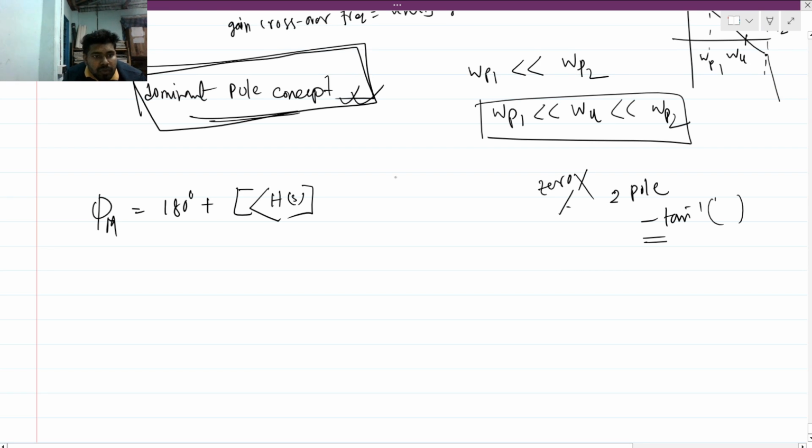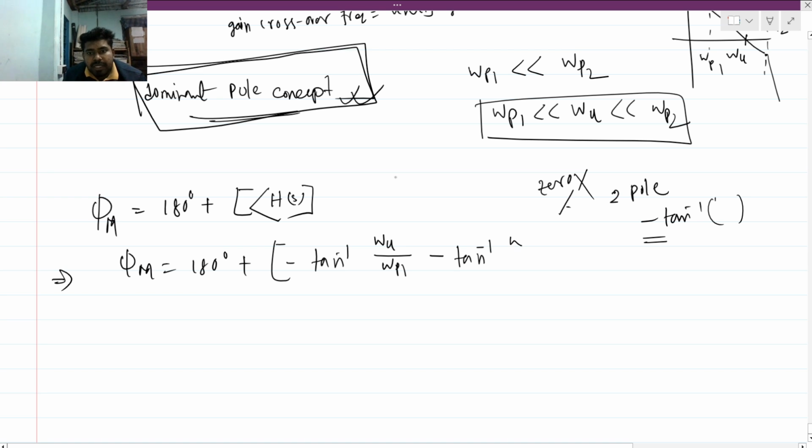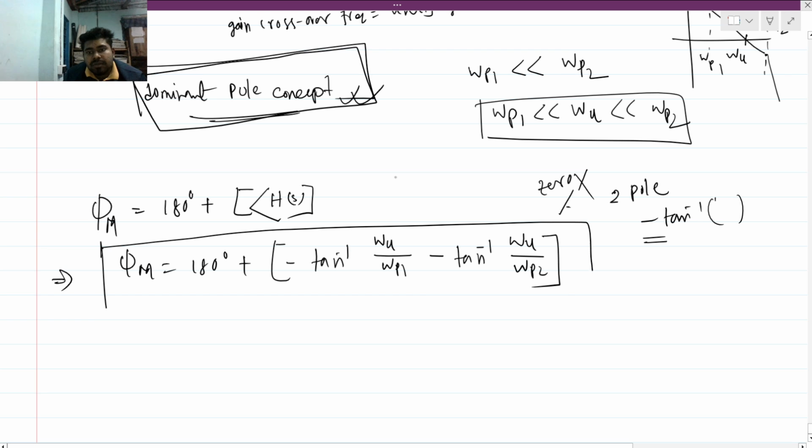So we can directly write this: 180 degrees plus minus of tan inverse of unity gain frequency or gain crossover frequency divided by omega p1, minus tan inverse of omega unity gain frequency divided by omega p2. So this is the formula in our case.